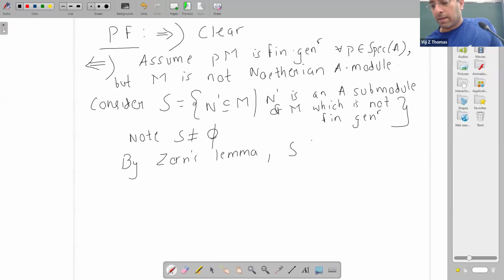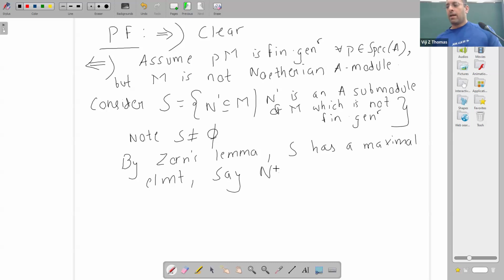S has a maximal element, say N. Okay, so this is our first step. We have a submodule of M which is maximal among submodules that are not finitely generated. So our step 1 is complete.